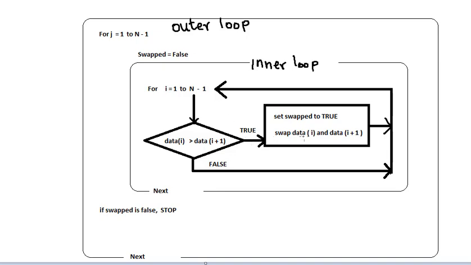If it's true, we swap. And if it's false, we don't swap. So this inner loop will always find the maximum value at each iteration, and the outer loop will go over n minus 1.